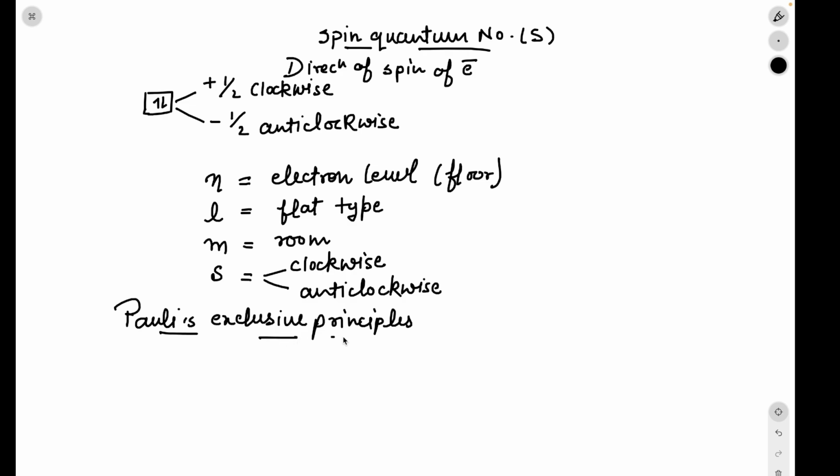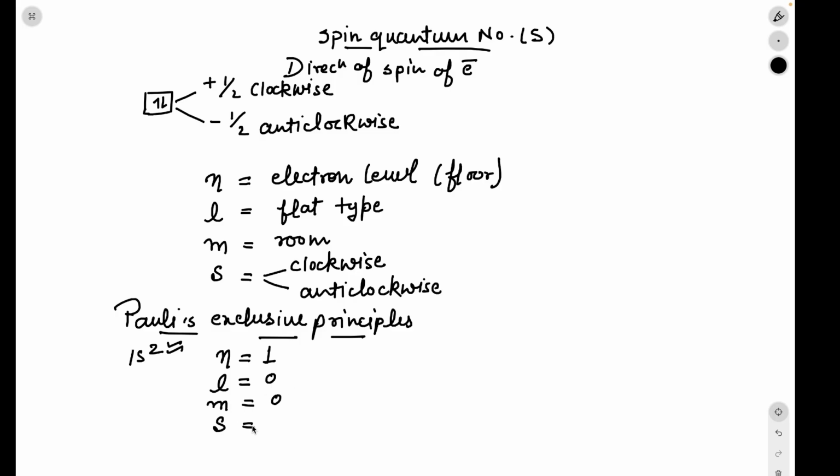Let's take an example of 1s2, and we need to check all 4 quantum numbers for these 2 electrons. For both the electrons, the principal quantum number will be 1, the azimuthal quantum number will be 0, and the magnetic quantum number will also be 0.